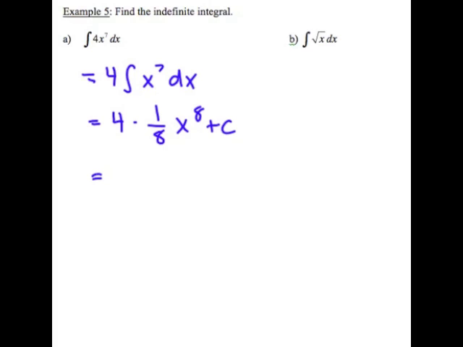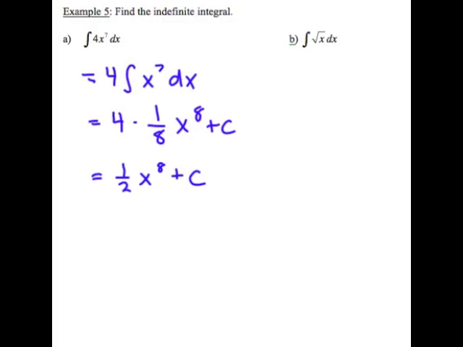Simplify that a little bit, and we'll get 1 half x to the 8 plus c. And at that point, it's always a good idea to check by taking a derivative. If you bring that 8 in front, we have 8 times 1 half is 4x to the 7. And 4x to the 7 is what we started with, so it appears that everything's okay there.